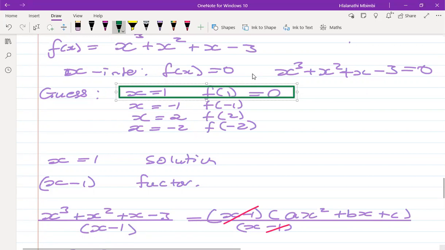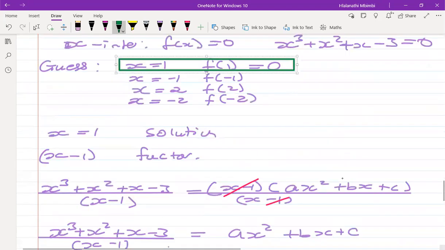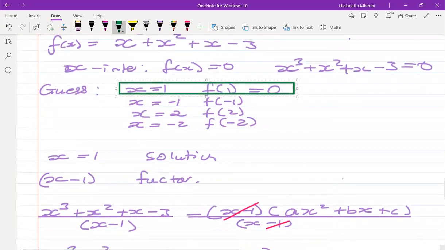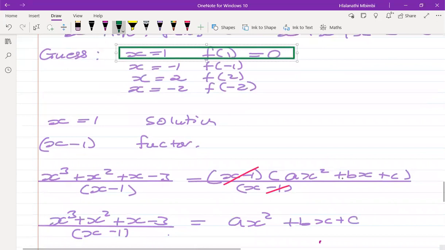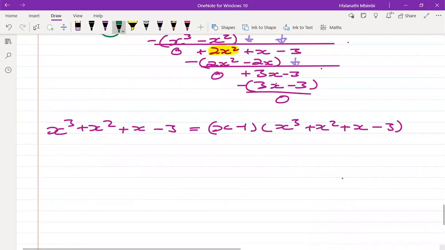Okay, thank you guys. So it's not always going to be that, but nothing much changes because it's always going to be x minus something. For instance, if you think about the solution that we got, let's go back.